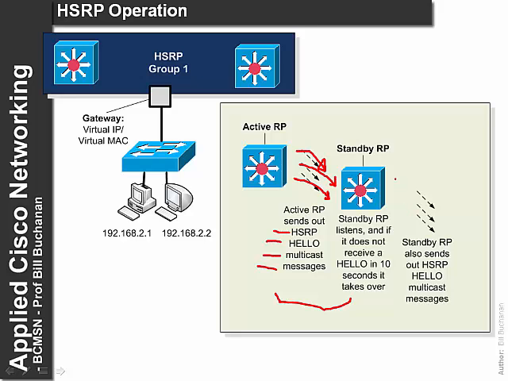The standby RP itself also sends out its hello messages to make sure that other nodes know that it is alive. In this way, it can take up to 10 seconds for the network to handle a fault on the active RP.